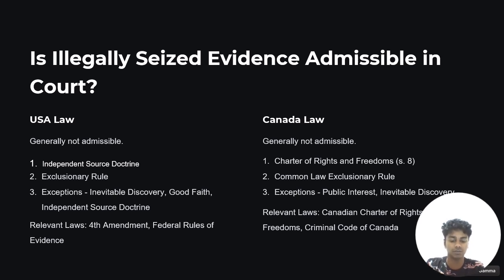Independent source doctrine. If evidence initially discovered unlawfully is later obtained independently by lawful means, it may also be considered admissible. Murray versus United States, 1988, reinforced this principle, where evidence found during an illegal search could be admitted if rediscovered without the influence of the initial breach.